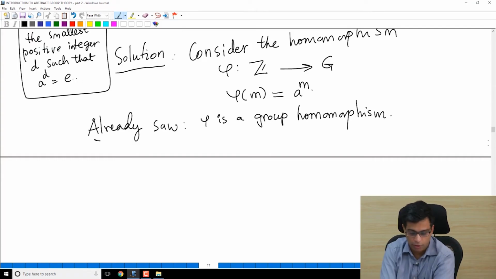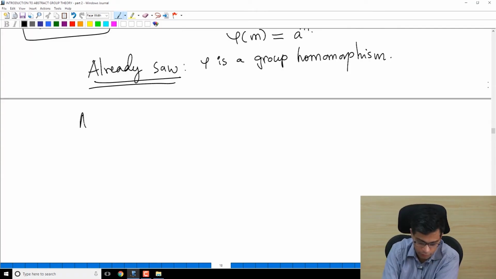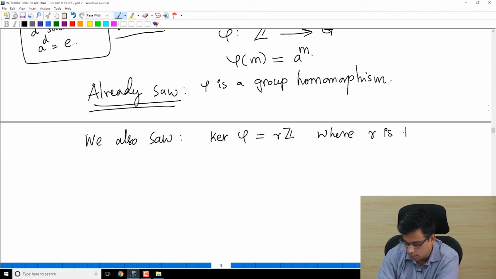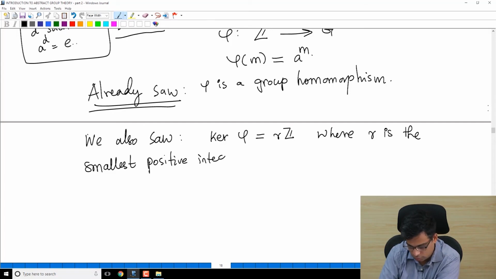We also saw that if you consider the kernel, so kernel of phi is RZ, where R is the smallest positive integer such that A^R is identity.